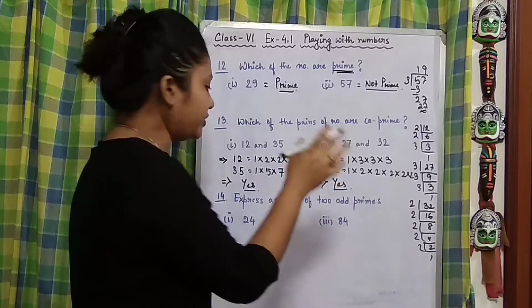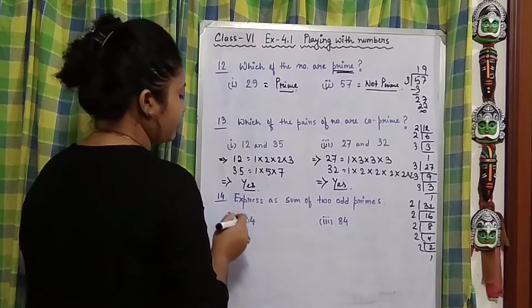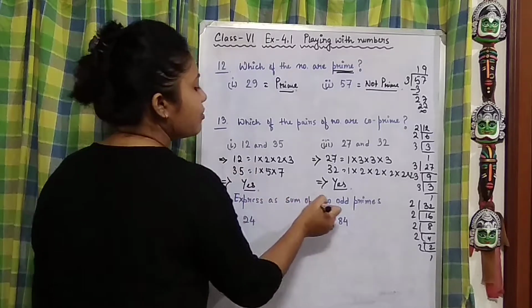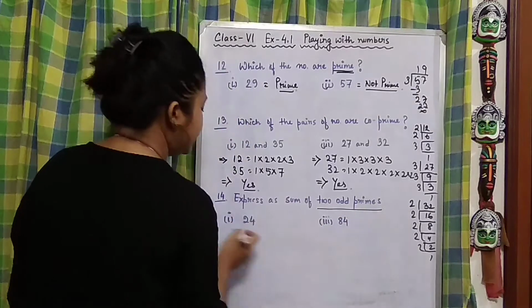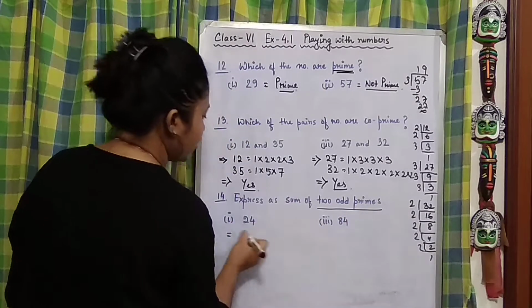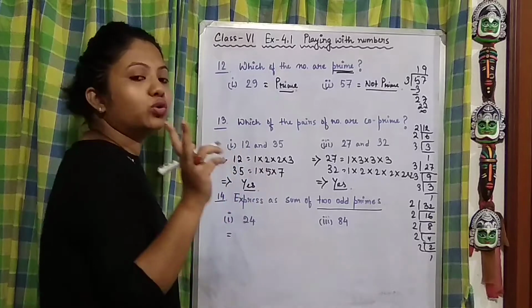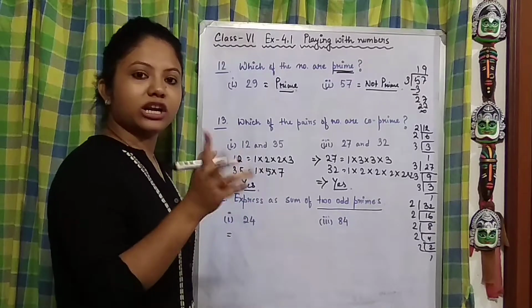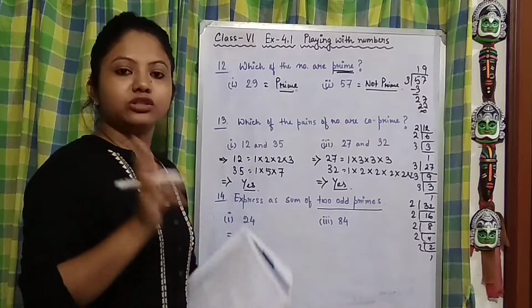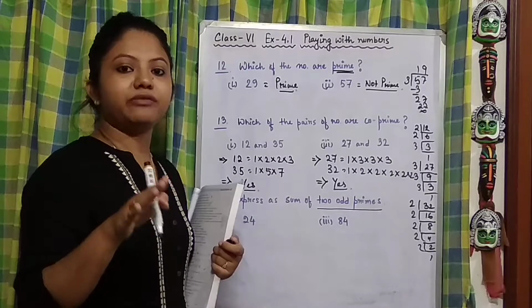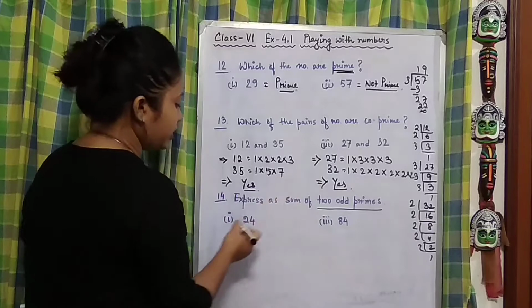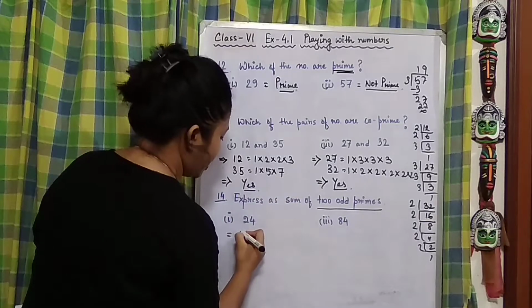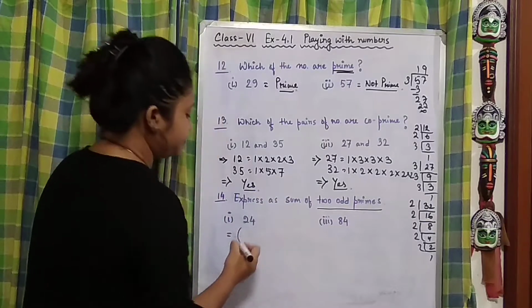Now coming to number 14. Express as the sum of two odd prime numbers. So here you have to express 24 as the sum of two odd prime numbers. Now what are odd prime numbers? Those prime numbers which cannot be divided by 2 are odd prime numbers. So for 24, how can we say?